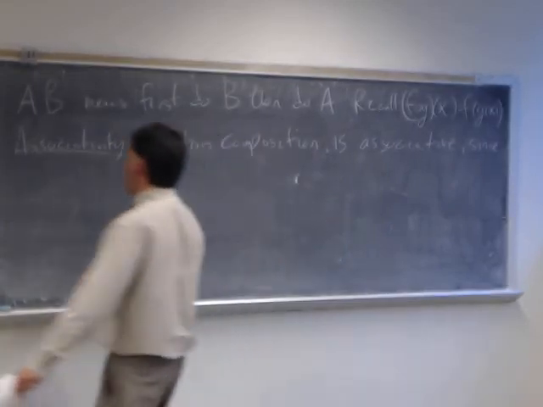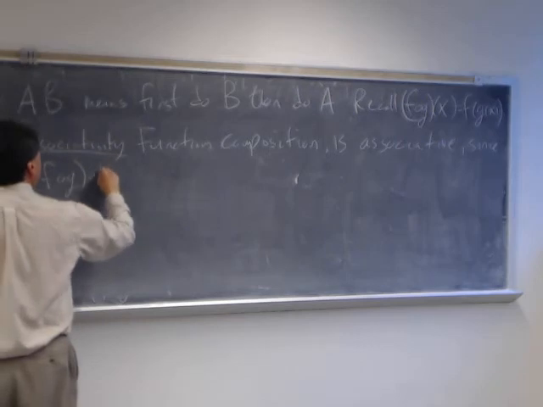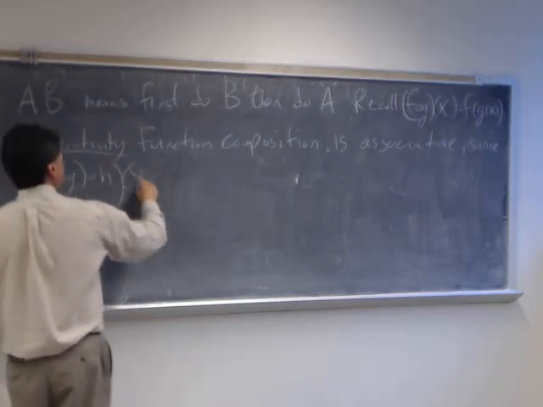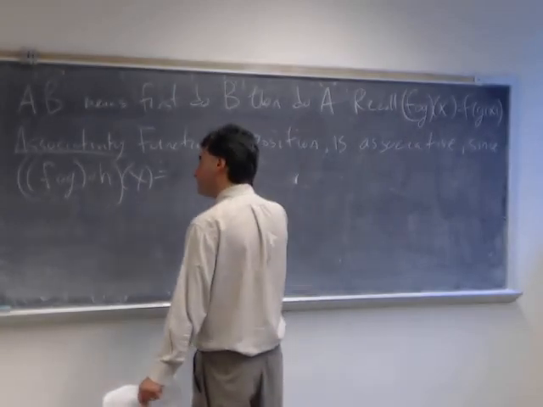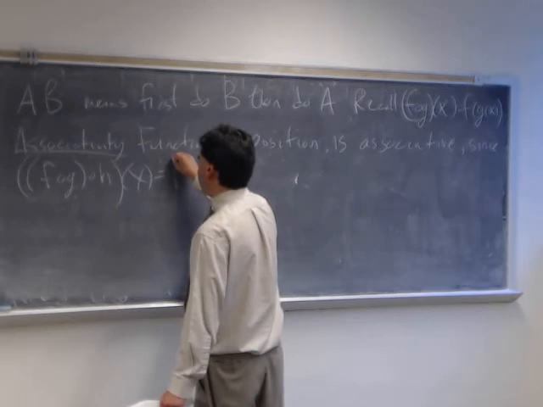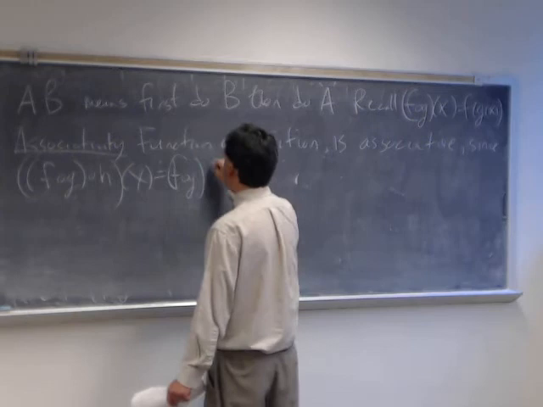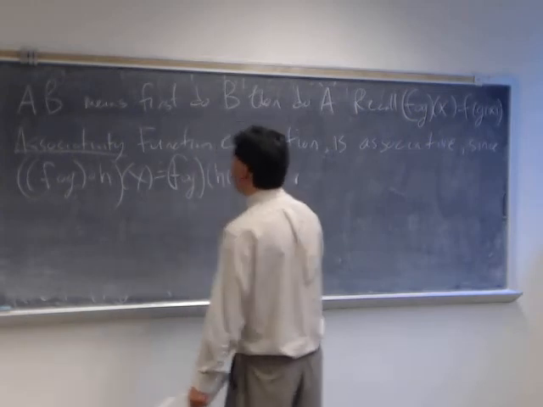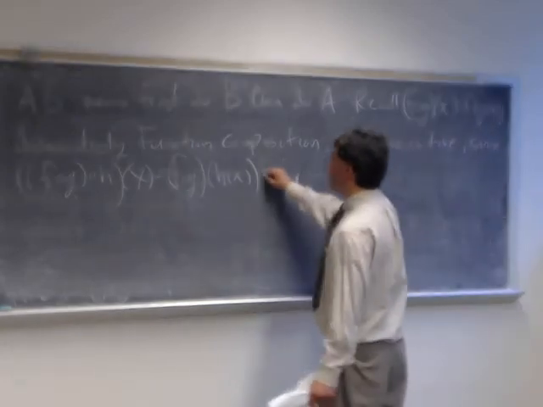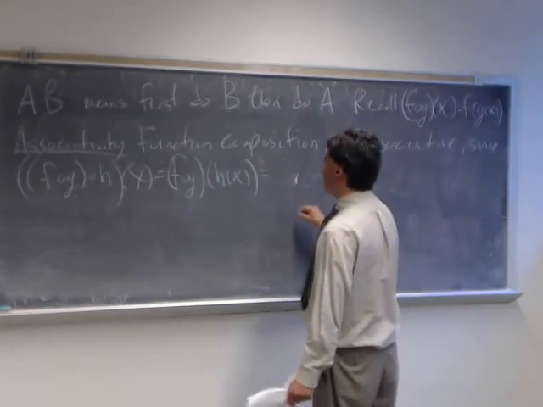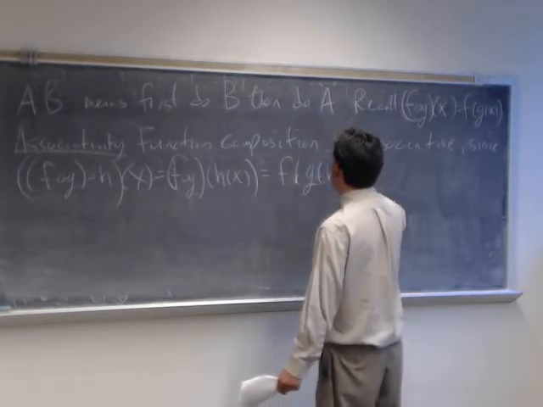If you look at f composed with g, composed with, say, h, that would be f composed with g of h of x, which would be f of g of h of x.